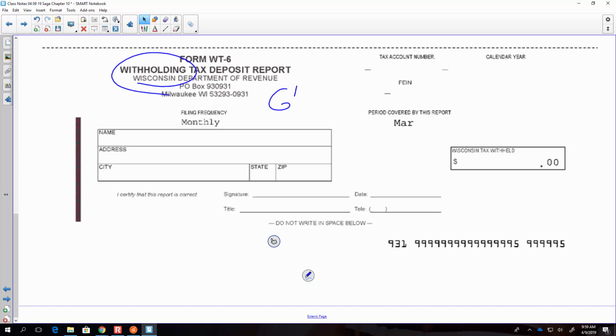So what GL account do I have here? Wisconsin. What do you think? Withholding? Tax payable.